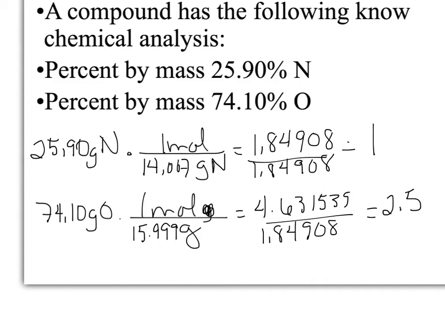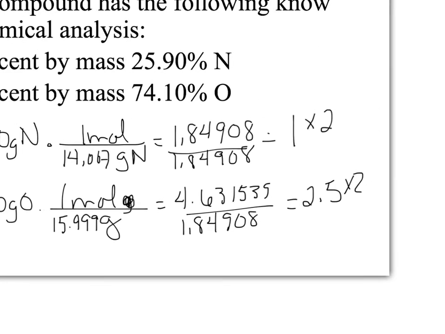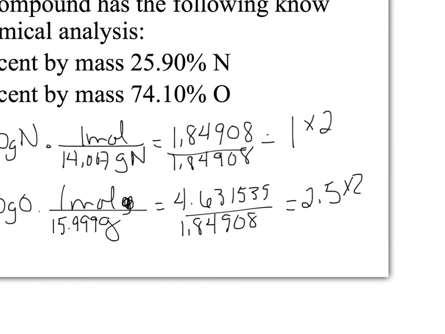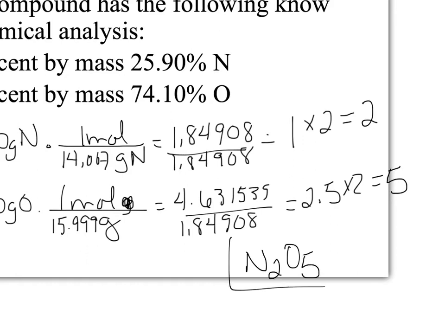Okay, so if I get 0.5, I have to multiply everything by 2. Let me shuffle this over. So if I multiplied everything by 2, this one would be 2, this one would be 5. So our formula would be N2O5. That's our answer.